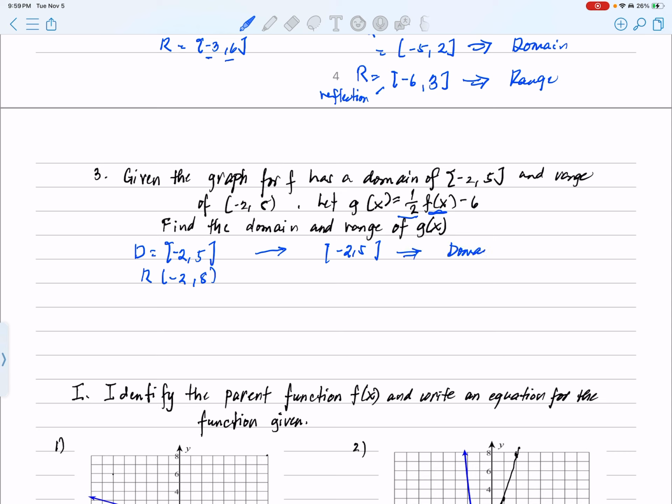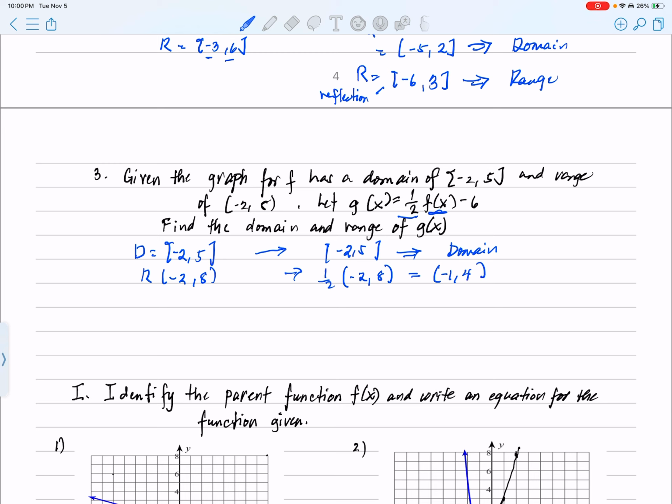But what is going on with the range? We have the range of negative 2 and 8. What is going on here? By taking 1/2 of negative 2 and 8, that would become negative 1 and 4, right?